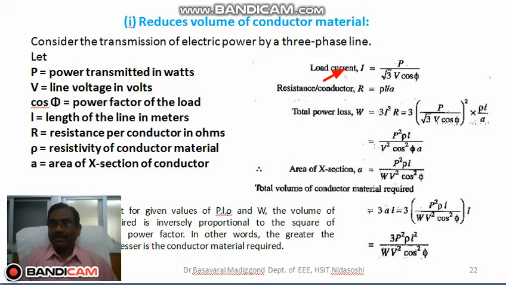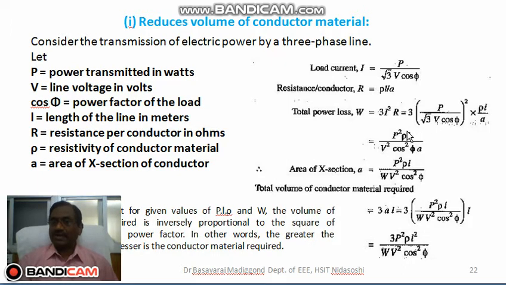Now substitute the value of I which I have calculated here, and the value of R, in this equation. So what will we get? W is equal to 3 into (P divided by root 3 V cos phi) whole square into rho L by A. Solving this, we get P square rho L divided by V square cos square phi A. The square of root 3 is 3, so this 3 cancels.